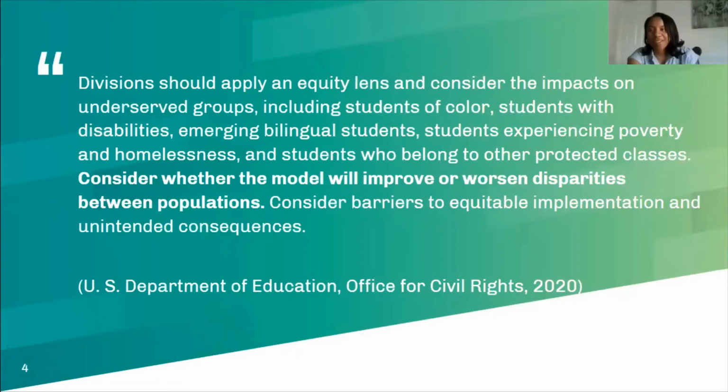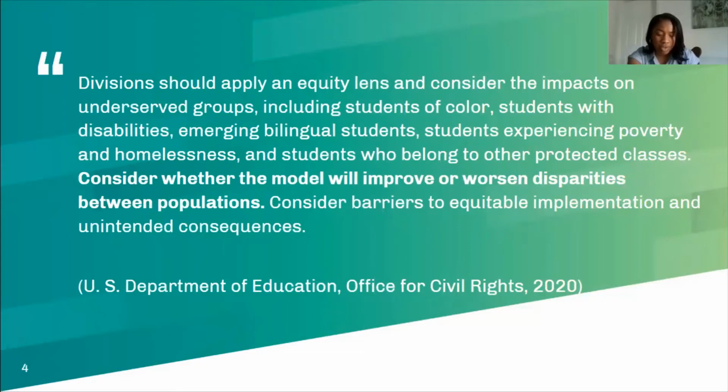So we have a quote that we wanted to share with you all to kind of get us kick-started, and I'm just going to read it, follow along with me. Division to apply an equity lens and consider the impacts on underserved groups, including students of color, students with disabilities, emerging bilingual students, students experiencing poverty and homelessness, and students who belong to other protected classes.